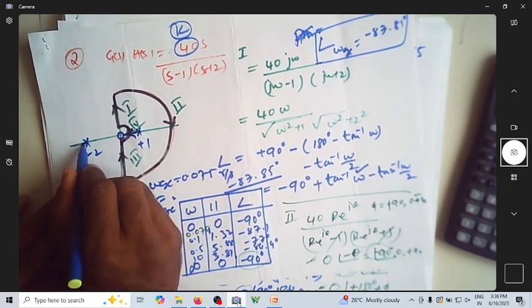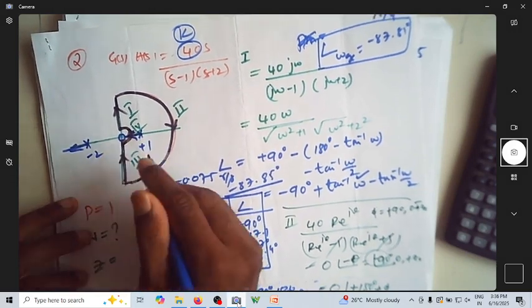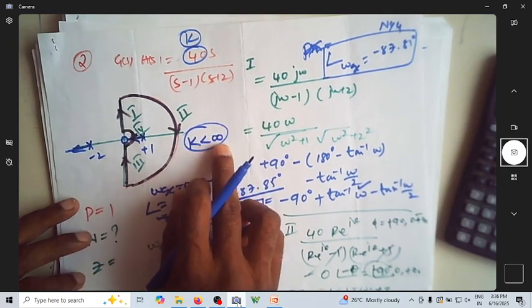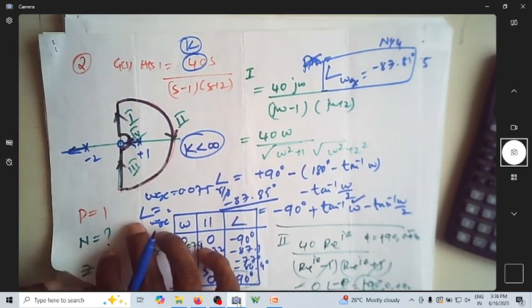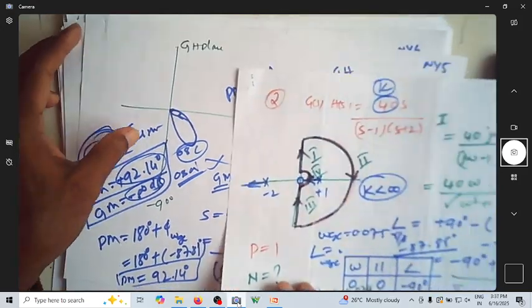The system always has poles on the right hand side for all values of k less than infinity. So the system is absolutely unstable. That's why you have it as minus infinite dB. This is an interesting thing.